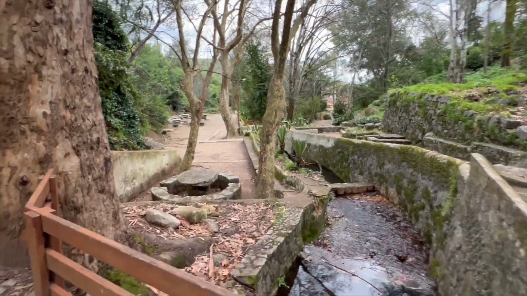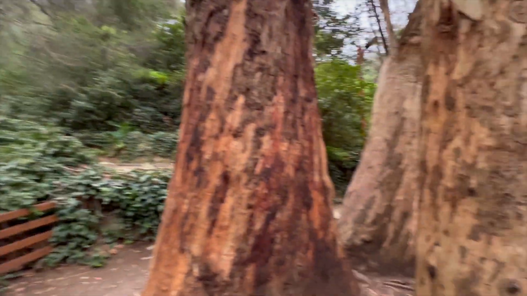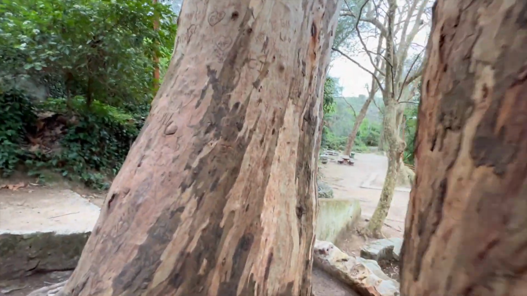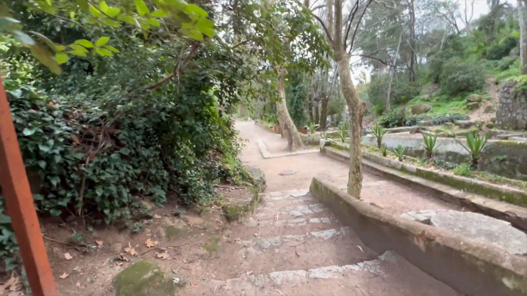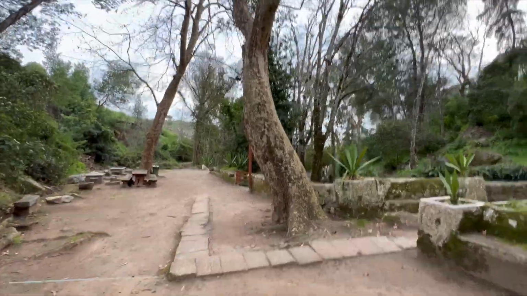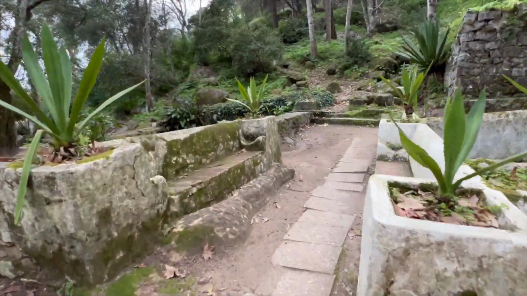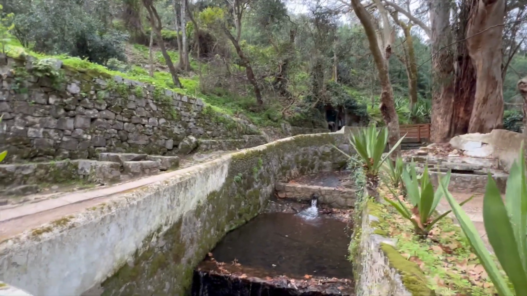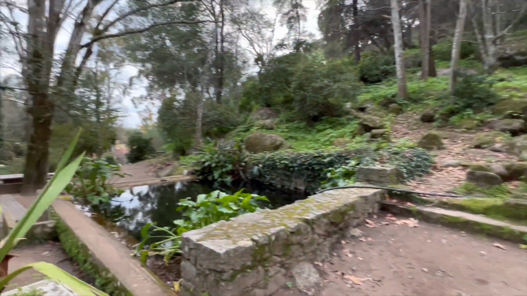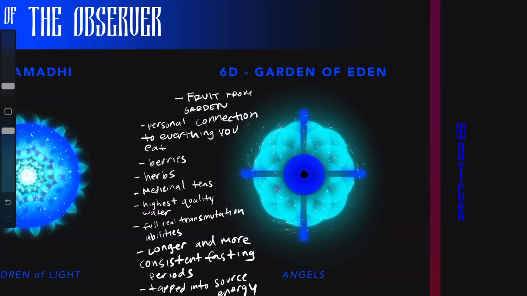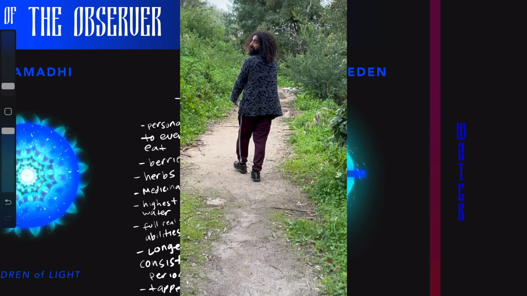Like when I was in Portugal, we were going to Monchique, a place in the south of Portugal with one of the highest pH levels of water in maybe all of Europe, but definitely in Portugal. And we were literally carrying huge glass jugs up this mountain and filling them up with this natural spring alkaline water. That's the level of quality that you're looking for in 6D water.